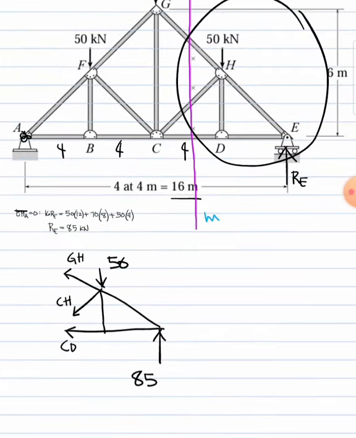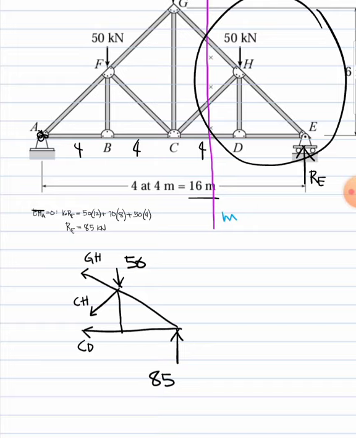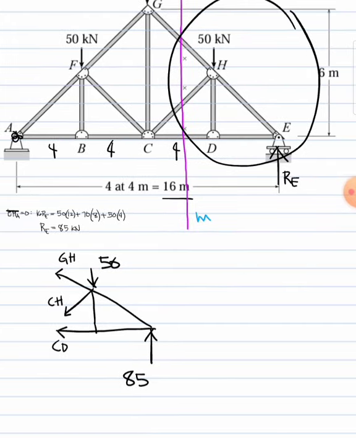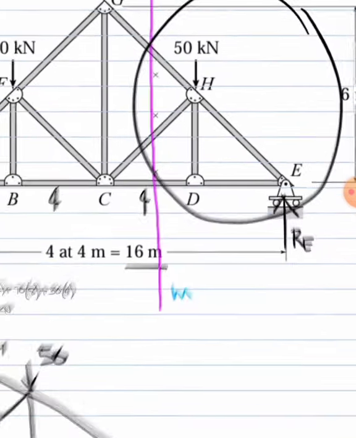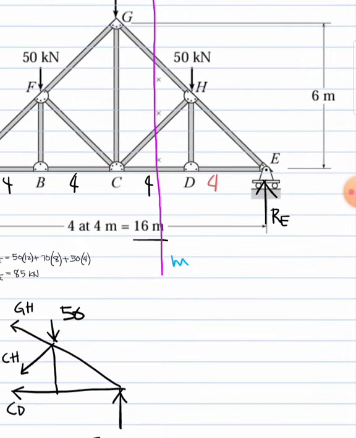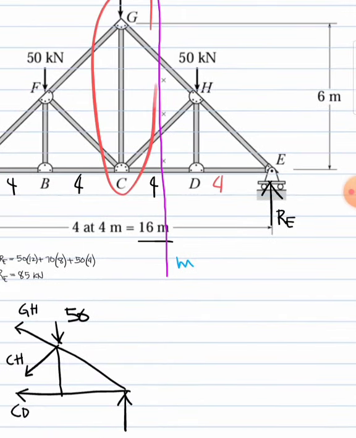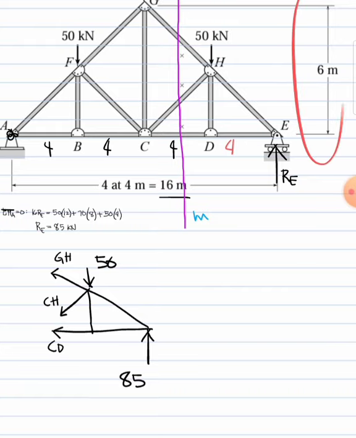So how do we find the slope of GH and CH, how inclined they are from the horizontal? From the given dimensions, as you can see, this is 4 right here, and here the height is given as 6.